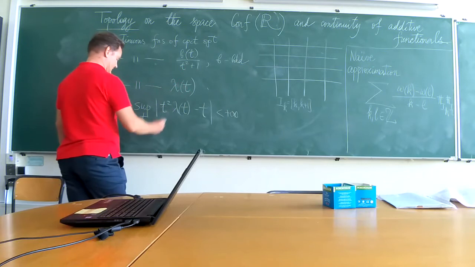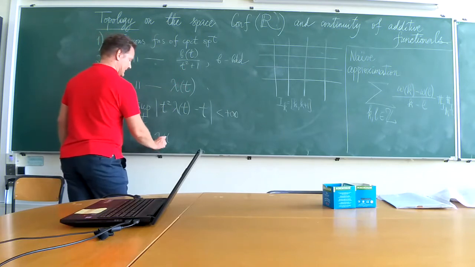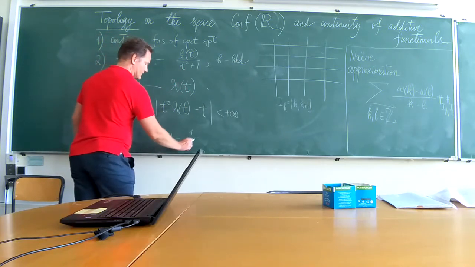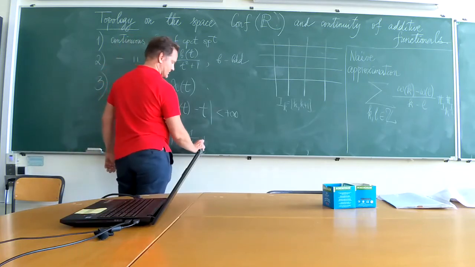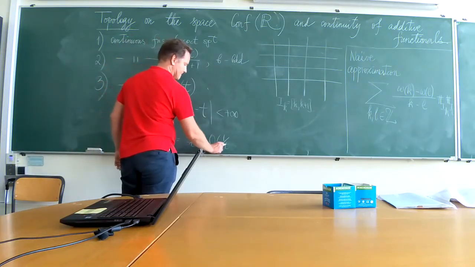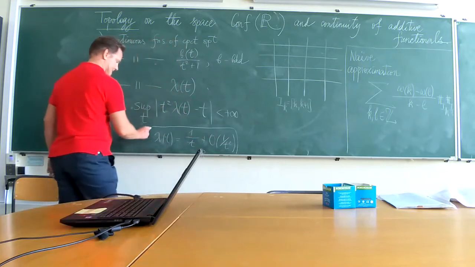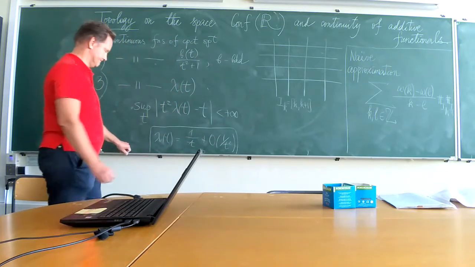So in other words, it means that lambda of t at infinity is 1 over t plus big O of something larger than 1 over t cubed at infinity.